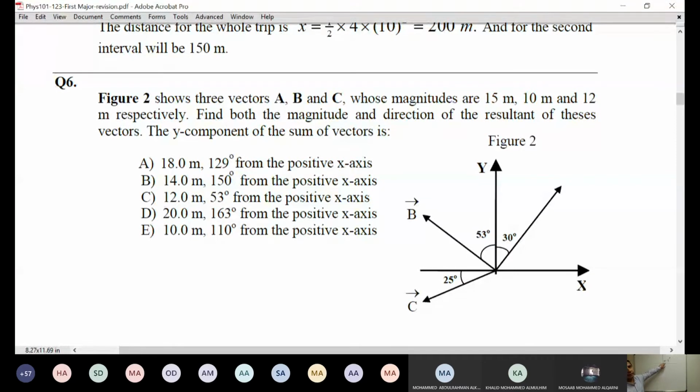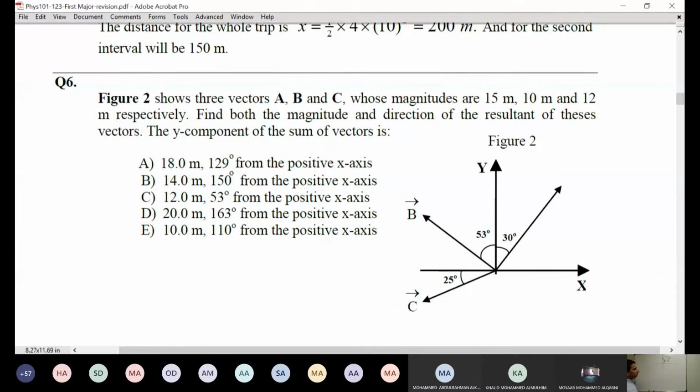It is up to me. But here, since it is given, let's proceed with the given angle. Then I start to make its components. The y component will be like this, it will be Ay, and here this is the x component, Ax.